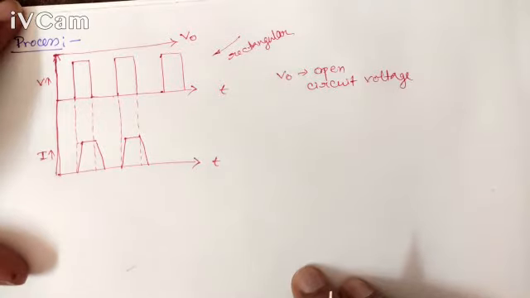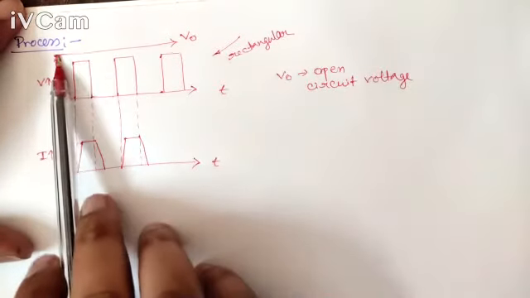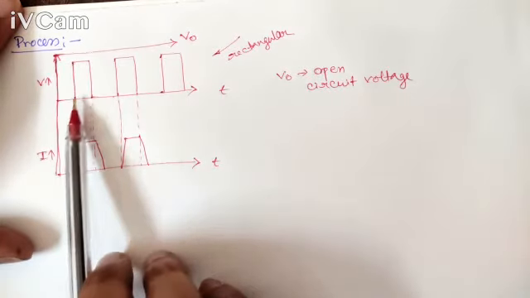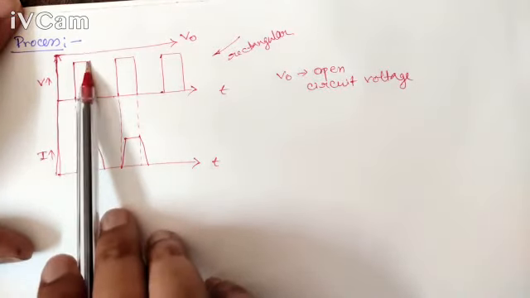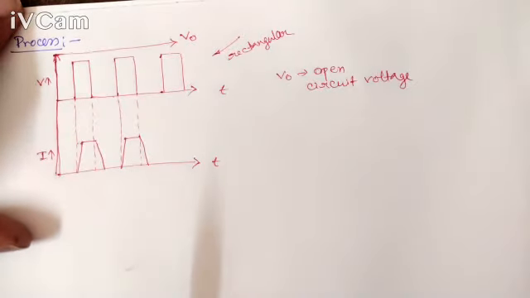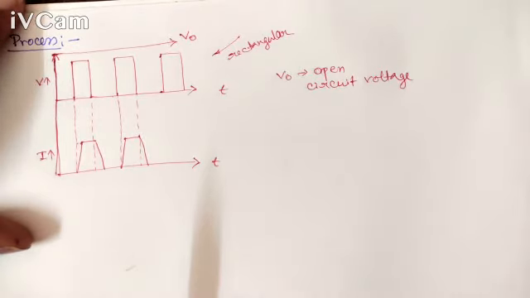Is it clear? I have shown open circuit voltage here, but I have drawn the curve up to here. So what is the difference between these two? The entire voltage which is supplied by you is not effective for generation of spark or for removal of material.